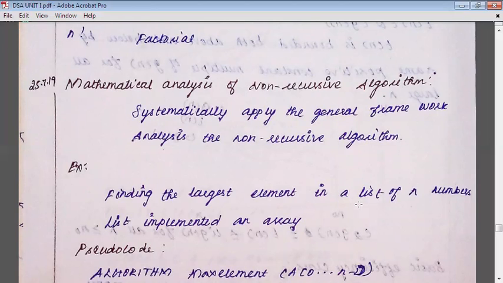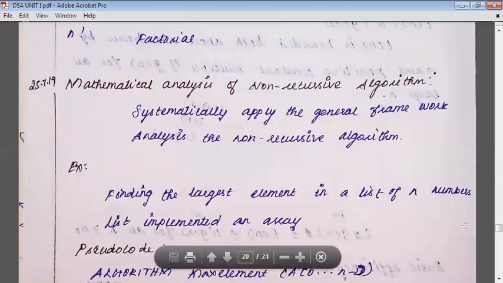So we systematically apply the general framework to analyze the non-recursive algorithm. How do we apply the general framework? Suppose we take any one example, any one algorithm. Based upon the algorithm, we do the analysis, and from it we generate the general framework for analysis of non-recursive algorithms.